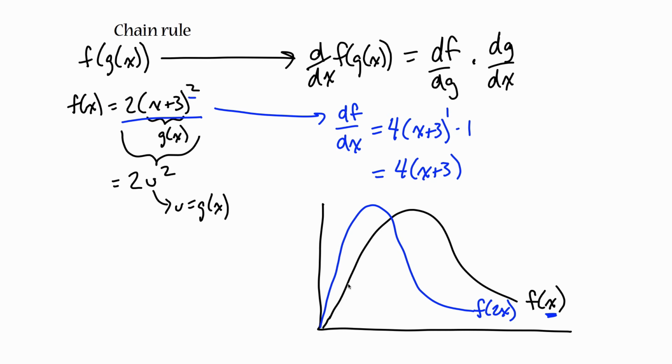And at any given point, if I have the slope of f at x here, the slope of f at 2x is going to be twice as big. So in a way, the composite function f at 2x has as its slope the slope of the original function times the slope of what's inside.